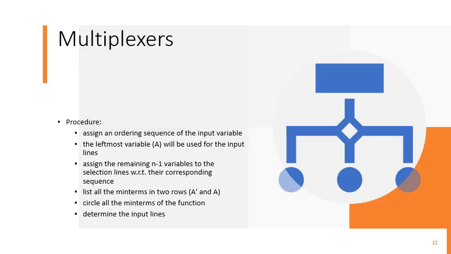Let us see the procedure in detail, which we have discussed till now. First of all, the ordering sequence is important, so we have to assign the ordering sequence of the input variables.